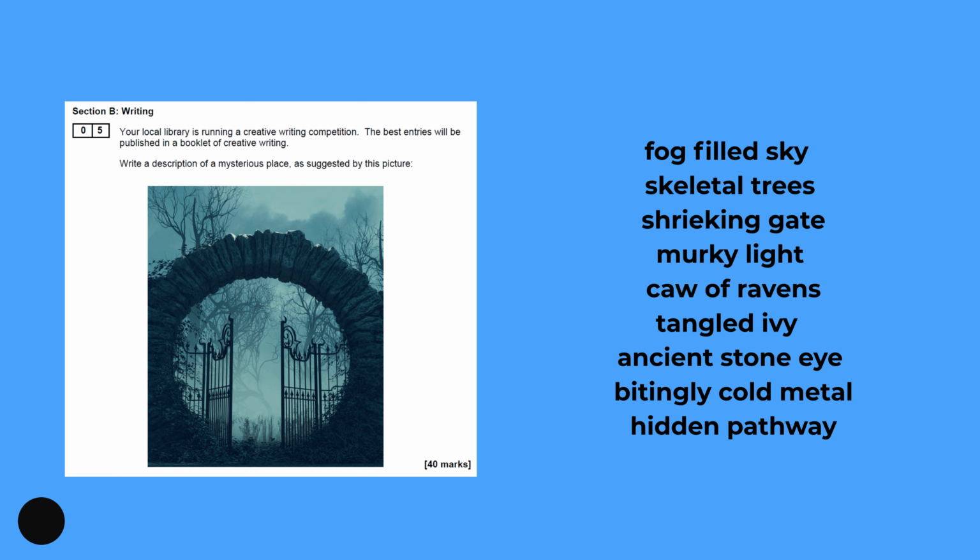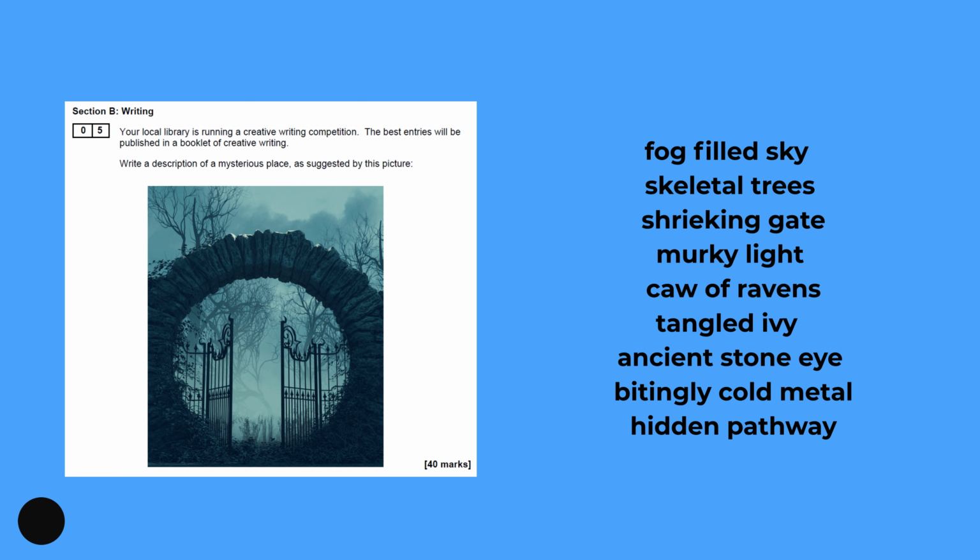Murky light, the caw of ravens, caw obviously an onomatopoeic word, ravens often motifs or symbols of death or danger. The tangled ivy, the ancient stone eye, so the metaphor there of the gateway as like an eye, bitingly cold metal, and a hidden pathway.